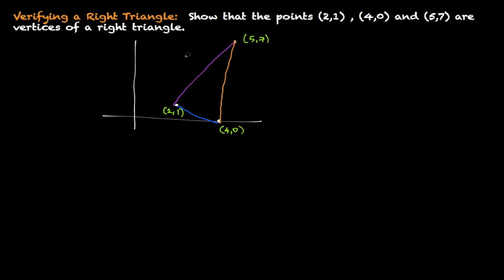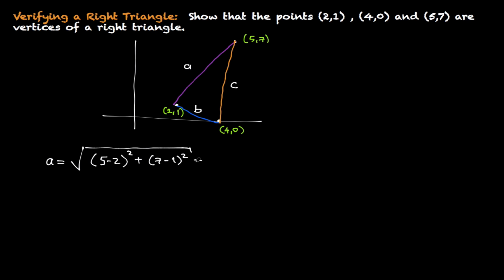So let's begin. This is going to be A, this is going to be B, and this is going to be C. So what is A? The length of this side of the triangle. This is the square root of (x2 minus x1) squared, like (5 minus 2) squared, plus (7 minus 1) squared.